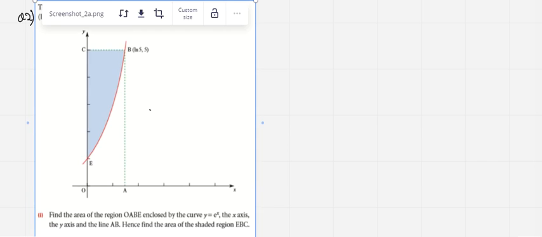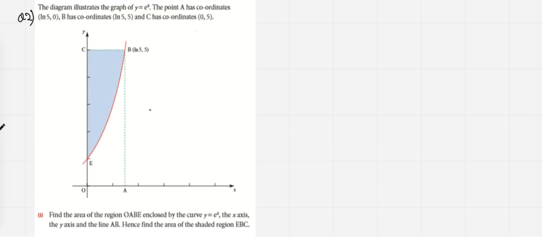So you see here the coordinates of points A, B and C are given to us. So it is 0, 5; A is ln 5, 0; B is ln 5, 5, and so on.